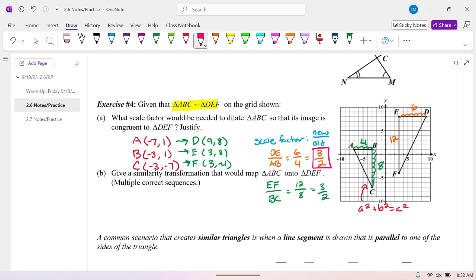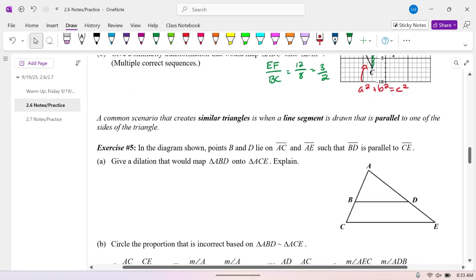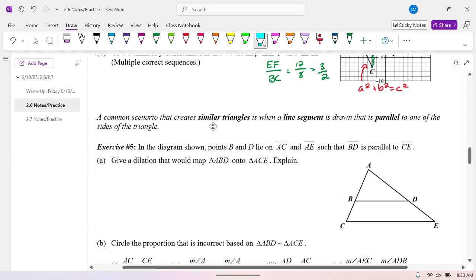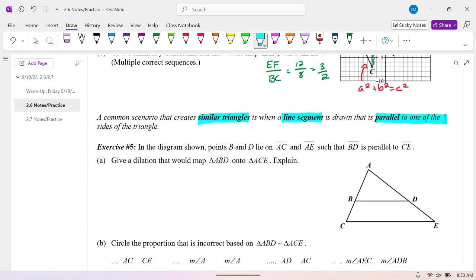All right. So, a common scenario that you see with similar triangles is when a line segment is drawn parallel to one of the sides of the triangle. So, this is kind of like mid-segment theorem. So remember, mid-segment theorem is when a segment is drawn from the two midpoints of two sides of a triangle.